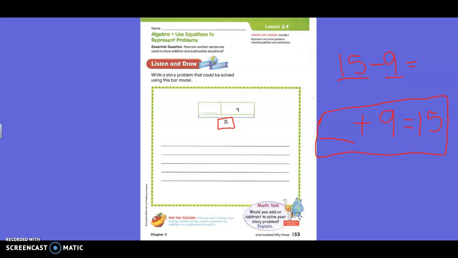So, whenever you have a story problem, usually you have to start with somebody's name or something like that. Okay? So somebody give me a name. Raise your hand. Give me an easy short name. Grayson? Ivan?